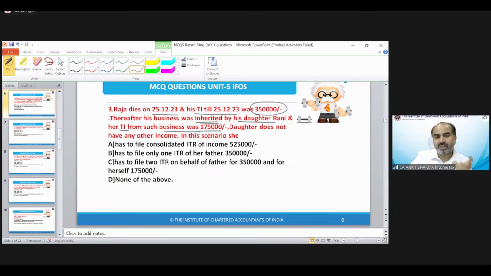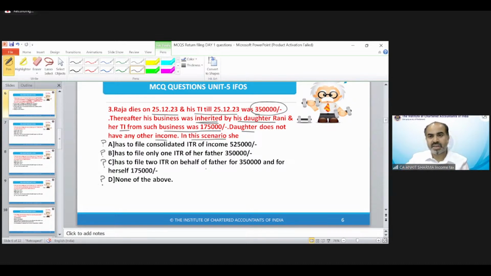Of course, after the death of Raja, the income for the remaining time duration was 1,75,000. The daughter does not have any other income. In this scenario, she has to file a consolidated ITR of 5,25,000, or only one ITR of her father for 3,50,000, or two ITRs, one on behalf of father for 3,50,000 and one for herself for 1,75,000, or none of the above.